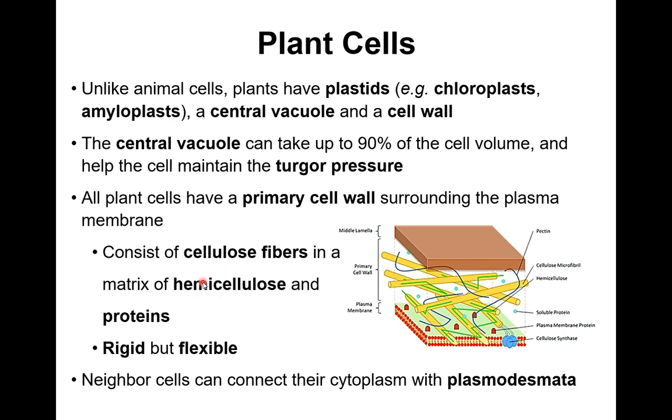Despite the name, hemicellulose is a polysaccharide very different from cellulose. It is made of more than one type of monosaccharide and is also branched. So cellulose is embedded in a matrix of hemicellulose and other proteins, forming this semi-rigid structure.